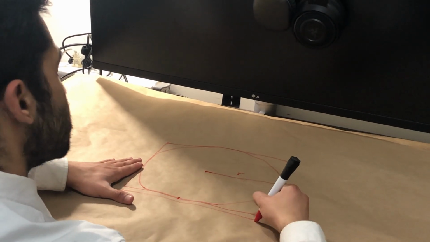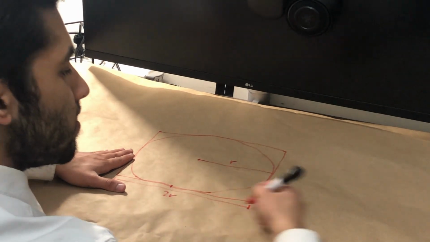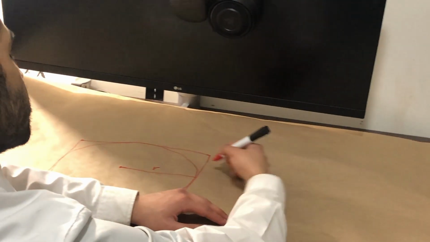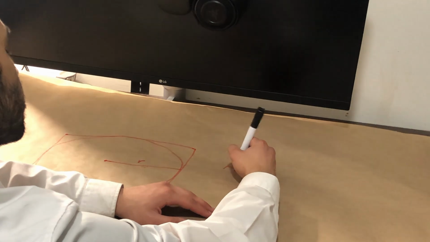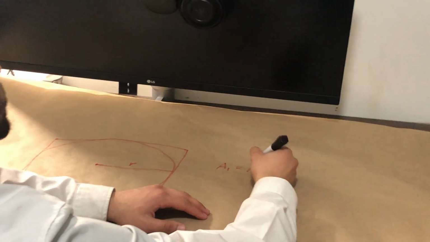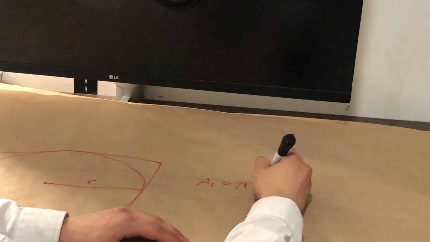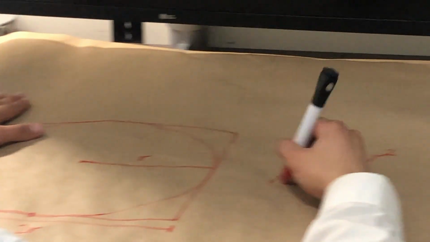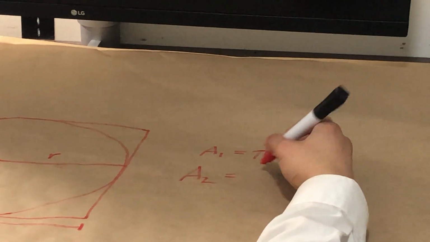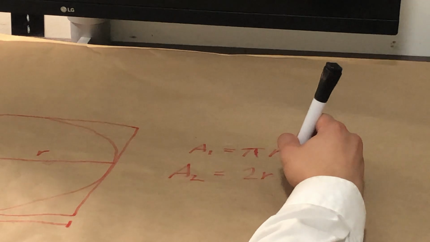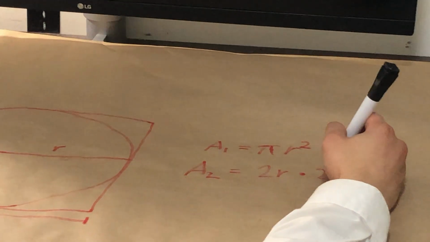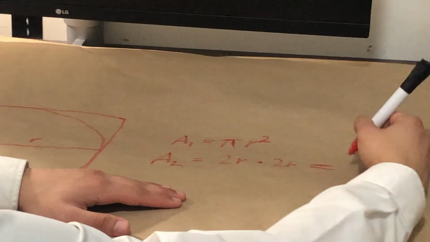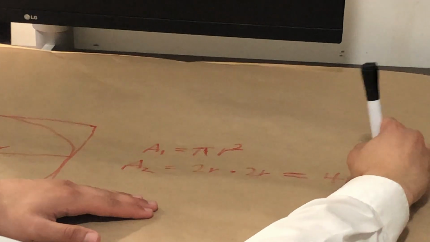a length of 2r. And we're going to say that the area of this circle is equal to pi times r squared, standard formula, and the area for this particular square is going to be equal to twice the radius times 2r, because that's also the length and width of the square, which is equal to 4r squared.